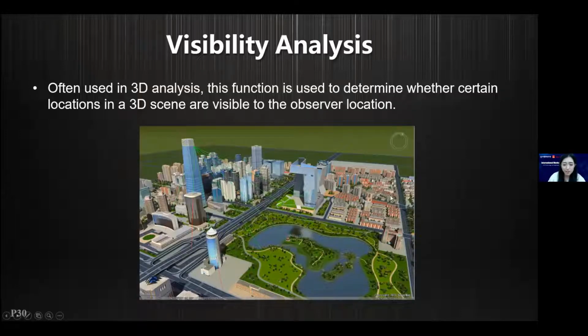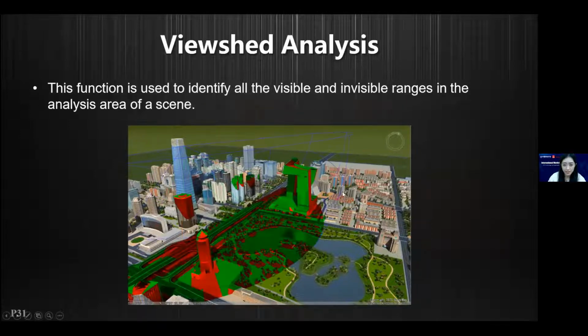Let me introduce them in turn. The first is the visibility analysis. It determines whether certain locations in the 3D scene are visible from the observation location. If you want to determine whether you could see the pavilion, you could use this visibility analysis.